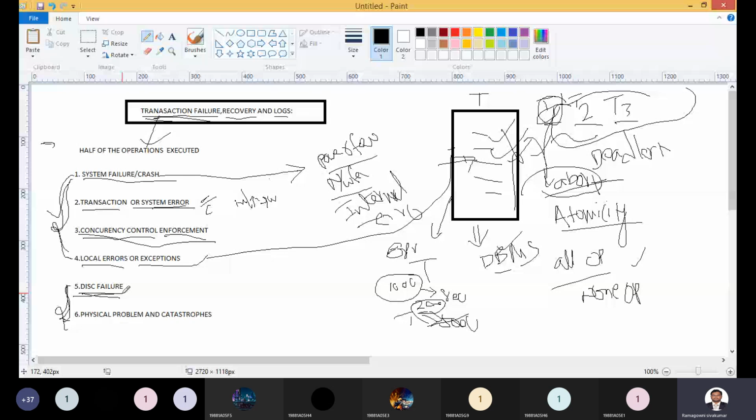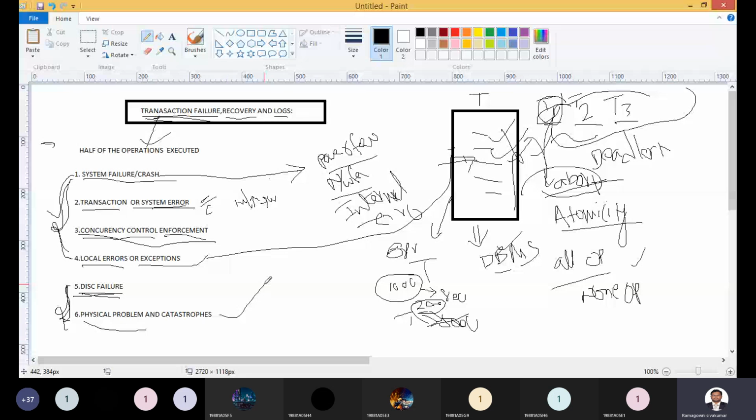Coming to physical problems or catastrophes: when the whole system gets destroyed, this is a failure of physical problem or catastrophe.